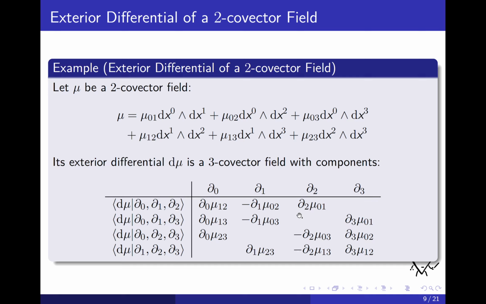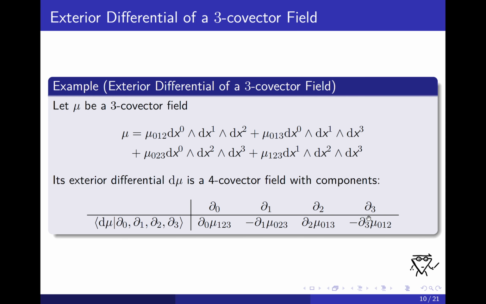We will not state the general definition of exterior differential here, because it is very obvious if you already see the exterior differential of 0, 1, 2, 3 covector fields. Why don't we include the exterior differential of a 4 covector field?